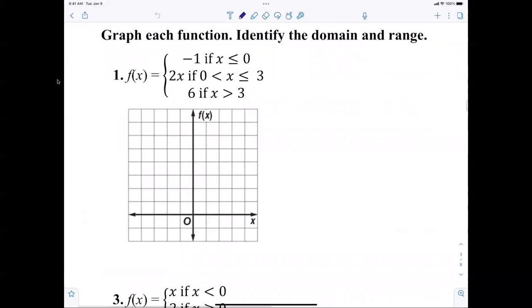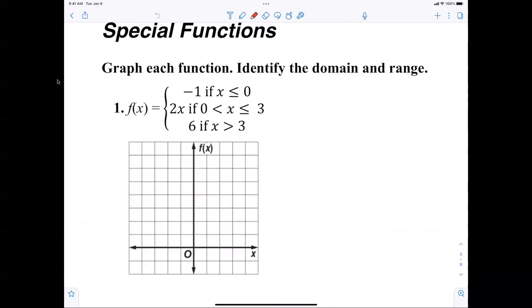Again, this is just following directions. We are simply following directions. So we are going to graph, and by the way, these are called piecewise functions. The only reason I can think of why they're called piecewise is because the function is in pieces.